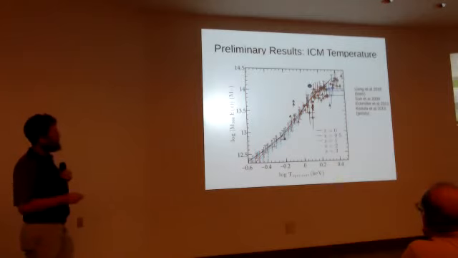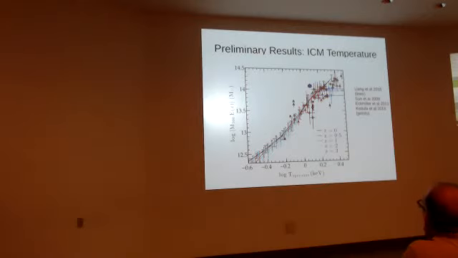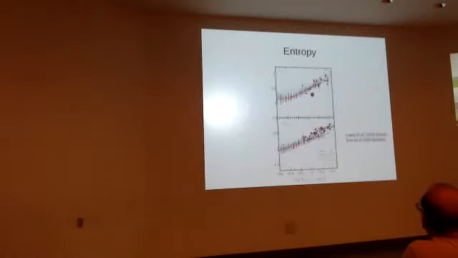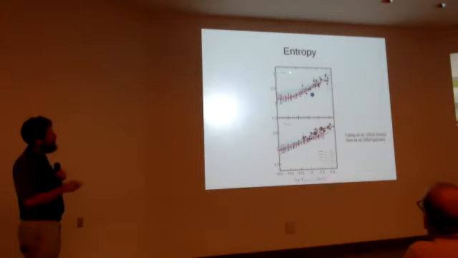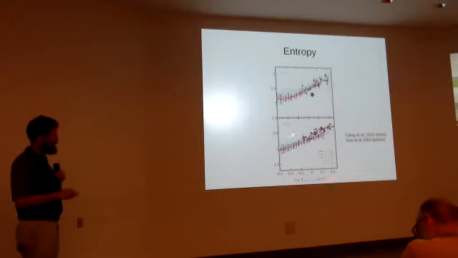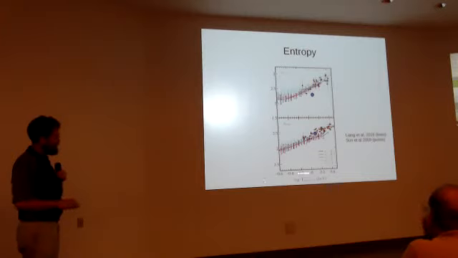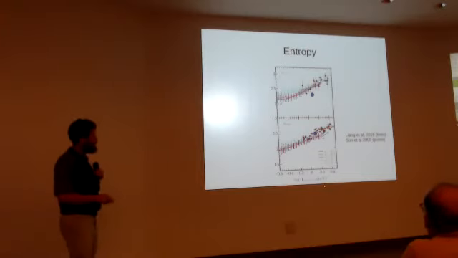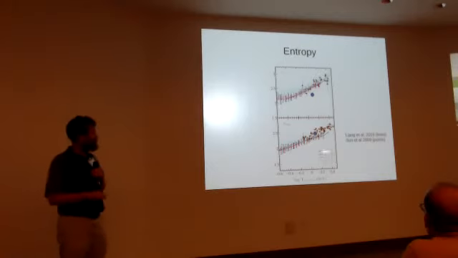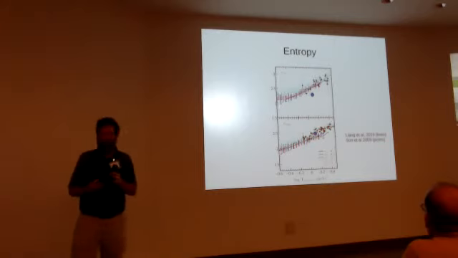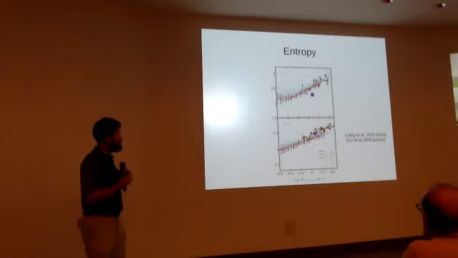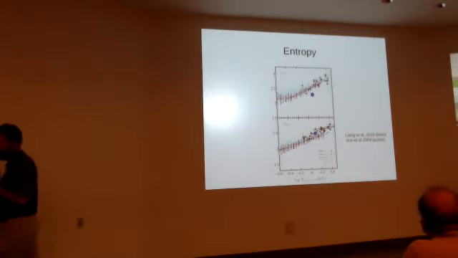So it's a little bit cool for its mass, but a little more promising is that if we look at the entropy, within R500 and within R2500 as a function of the X-ray temperature, particularly the central entropy seems to fit nicely with observations. My previous attempts at running clusters tended to give lumps of cold gas, a large amount of cold gas in the center of the cluster, and we don't seem to be getting that.